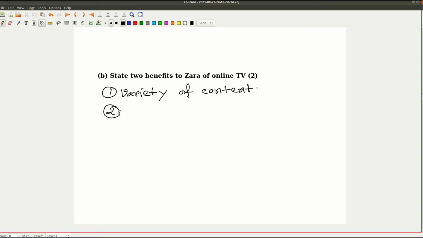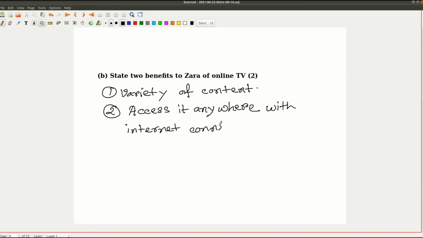The second one is access from anywhere with an internet connection, right? You can access it from anywhere. So: access it anywhere with an internet connection.